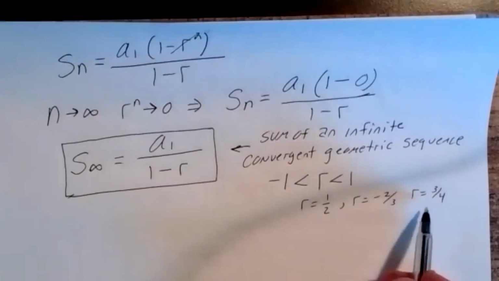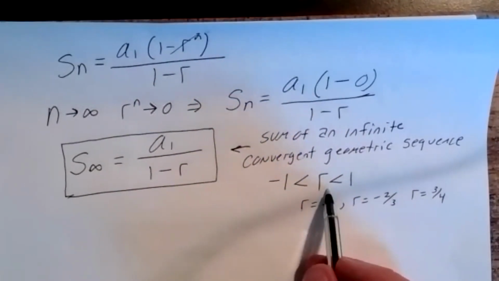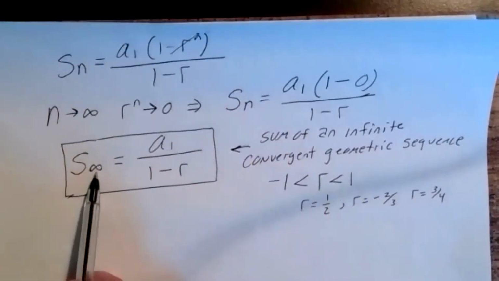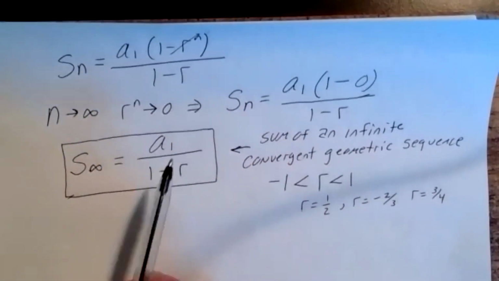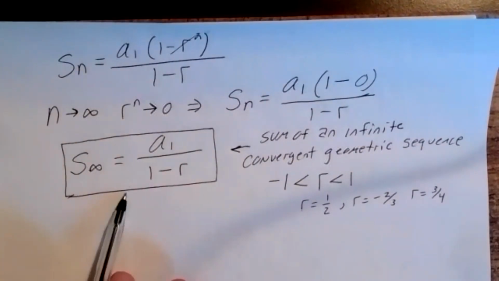As long as your common ratio is some fraction between 1 and -1, the infinite geometric sequence is convergent, which means the infinite geometric series will indeed have a sum. And that sum is going to be generated by this formula right here. Everybody see that there? So that's an important formula to know.